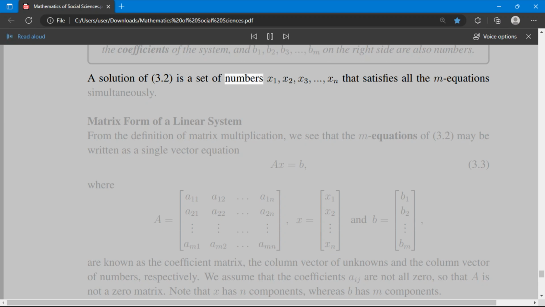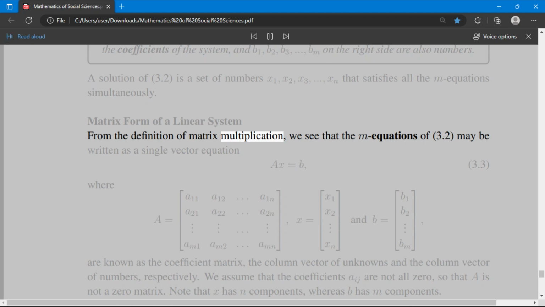A solution of 3.2 is a set of numbers x1, x2, x3, ..., xn that satisfies all the m equations simultaneously.